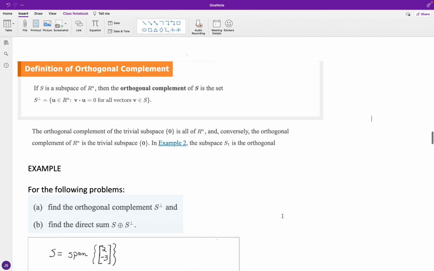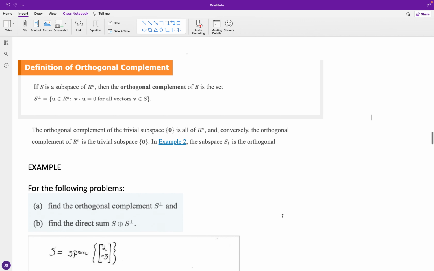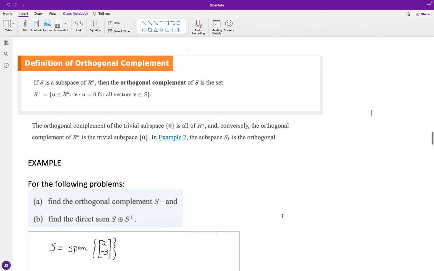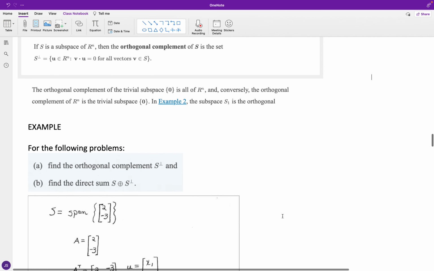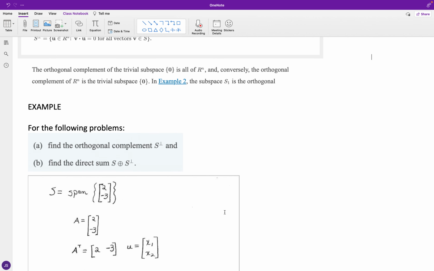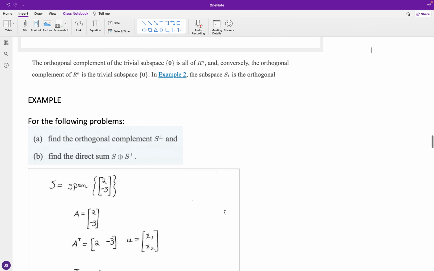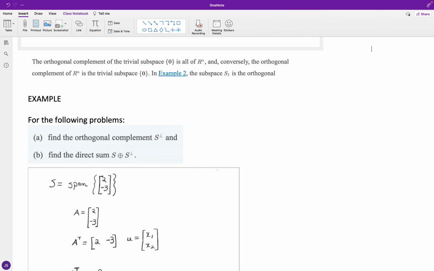Let's say that first of all we have S to be the span of the vector consisting of 2 and negative 3. In this case, A is going to be the coefficient matrix, which we had to be 2 and negative 3, and we have the vector u with x1 and x2.